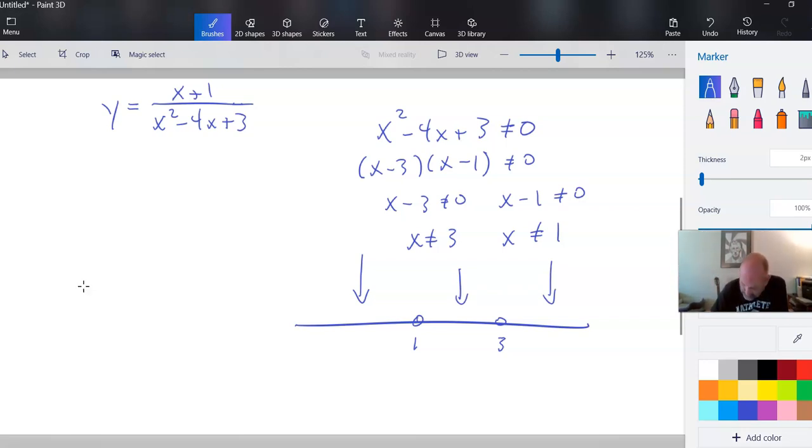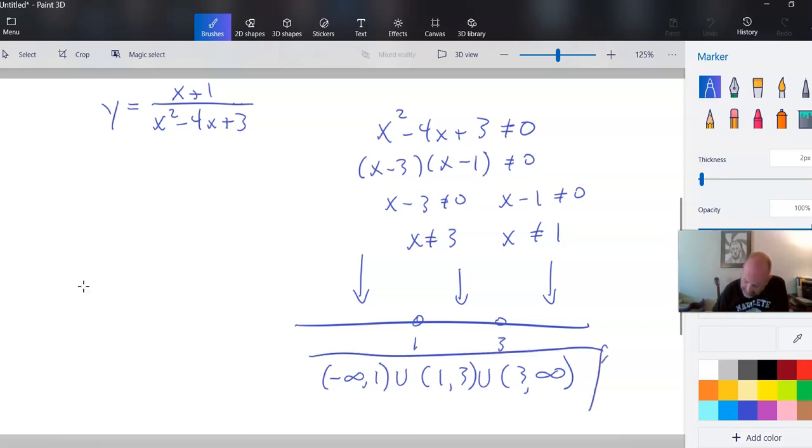So the first interval goes from negative infinity up to 1. The second interval goes from 1 to 3. And the third interval goes from 3 to infinity. And to show they're all part of the same solution, I add that union in there. And so this is our answer. This is the region where this function is continuous.